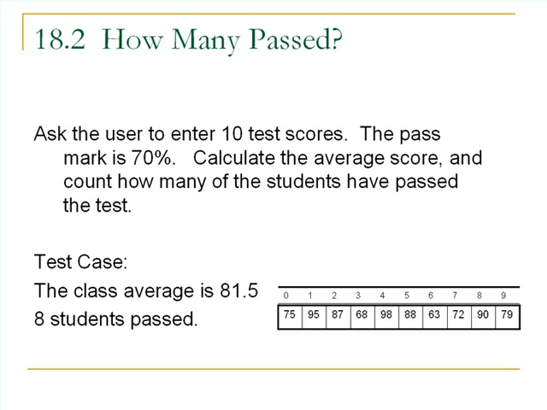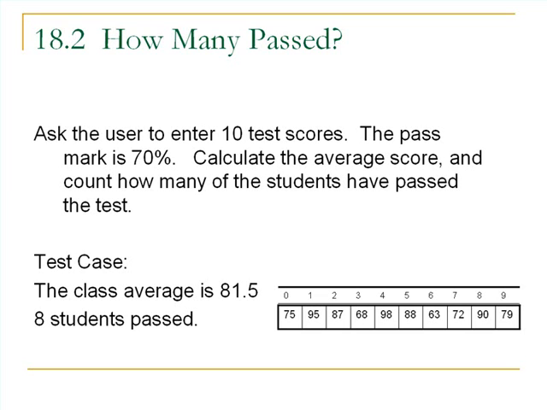We're going to calculate the average score, and then we're going to count how many of the students have passed this particular test, where the pass mark is 70%. So we'll loop through the values in the array, and we'll keep a count of how many people have passed. So optimistically, here's a test case that shows the class average of 81.5, and we count that 8 students have a grade of 70 or above.